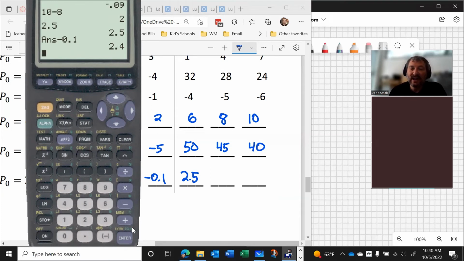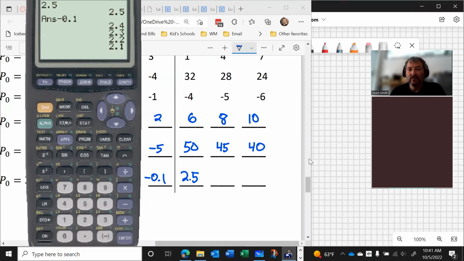If I hit enter again, what the calculator has done is store 2.4 in the answer button. So if I hit enter again, it'll bring up the previous instructions, which is answer minus 0.1, and it'll take this 2.4 and subtract 0.1. Every time I hit enter, it will work out another subtract 0.1 for me. So we can quickly generate these terms. I think this is one of the best ways to do a recursive definition, using your answer button on the calculator.